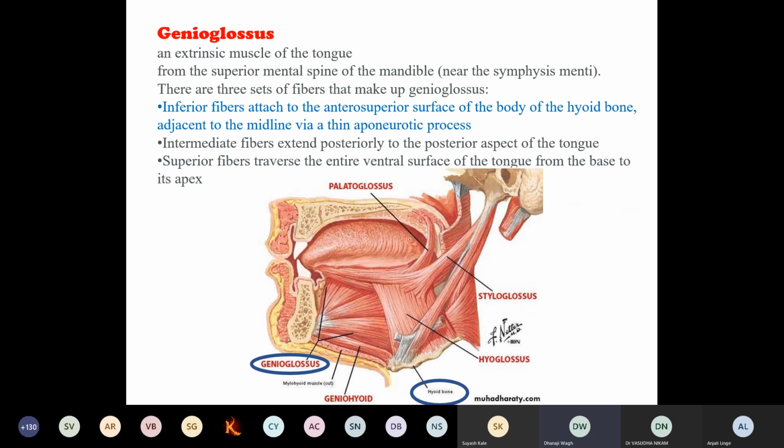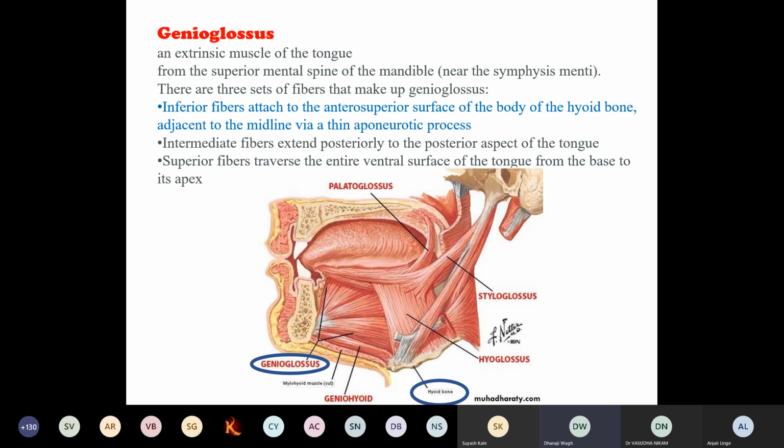One more muscle is the genioglossus. Yesterday we saw the extrinsic muscles of the tongue, and this is one of them. It comes from the superior mental spine of the mandible and has three sets of fibers: superior, intermediate, and inferior. The inferior fibers of the genioglossus attach to the anterior superior surface of the body of the hyoid bone, adjacent to the midline, via a thin aponeurotic process.